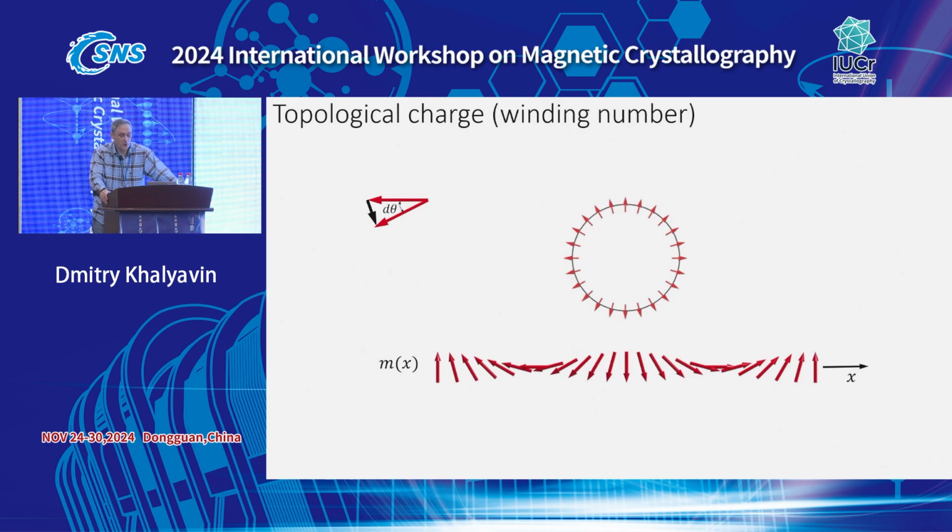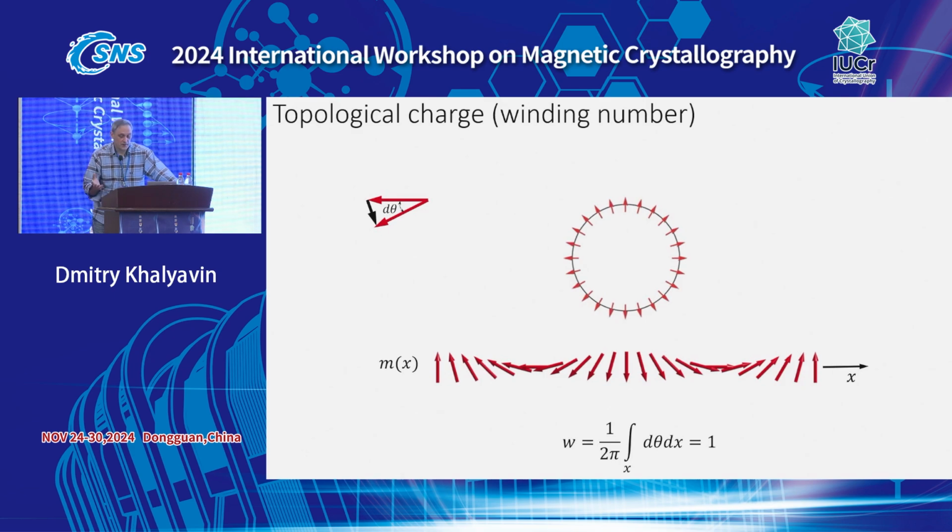So you see, if we move from one side of our circle to another, our magnetization changes by an angle dθ, for instance. And if we introduce what is called topological charge, so if you just sum together these angles when we go around the circle, in a continuous limit, it will be an integral.